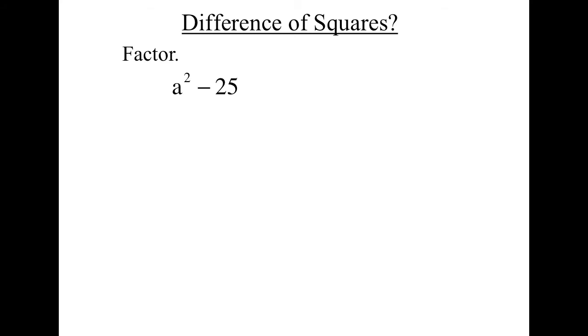This is one of the few binomials that we can factor into two binomials. This is one of the few with two terms that will give us two binomials. So let's look. And the pattern is, it's a perfect square minus a perfect square.